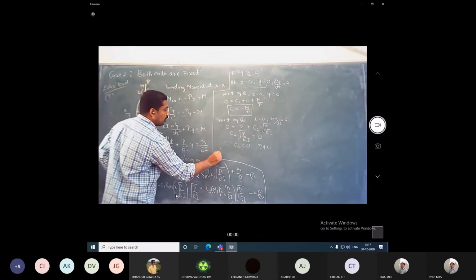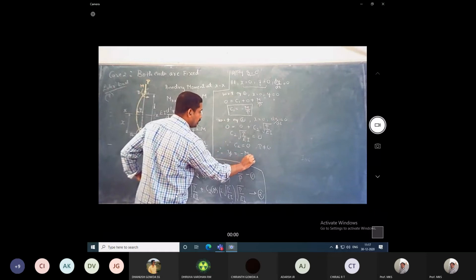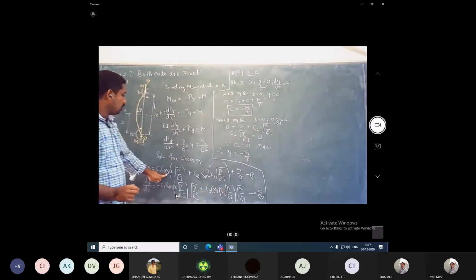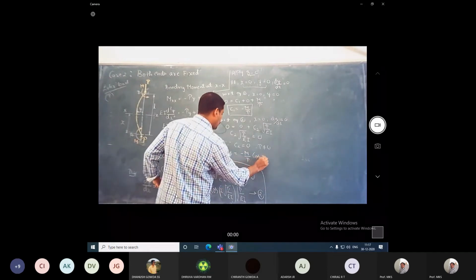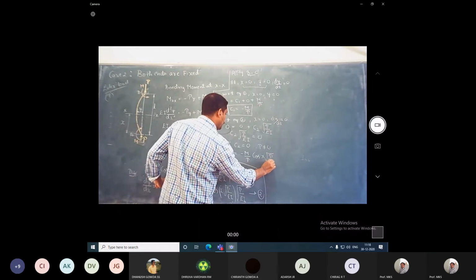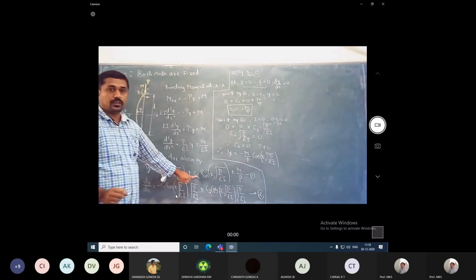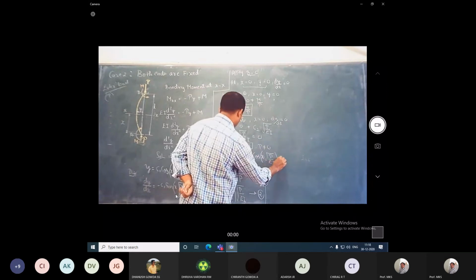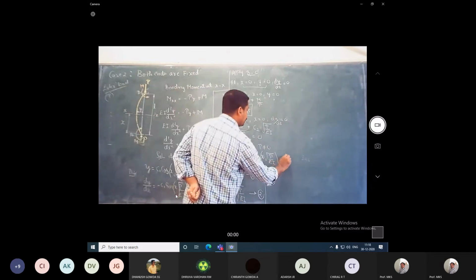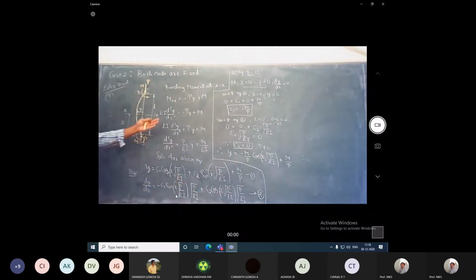Therefore, you will get y is equal to C1, which is minus m by p, into cos x root p by EI, plus the C2 term, which is 0 since C2 is 0, therefore it is remaining with plus m by p. So this is the above equation.